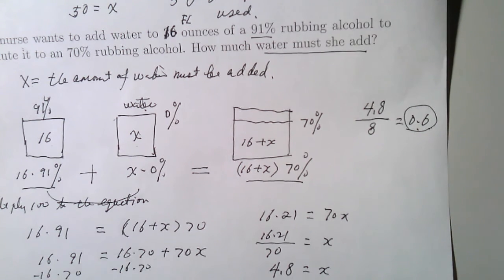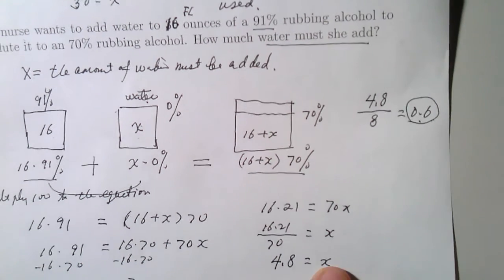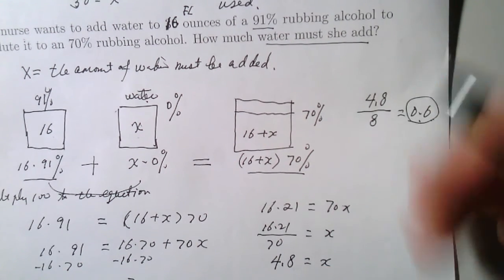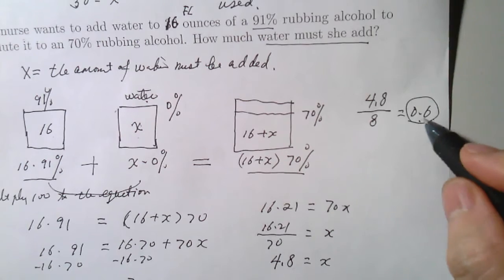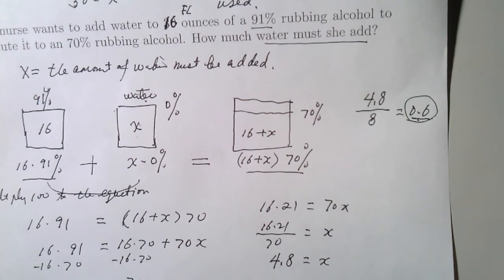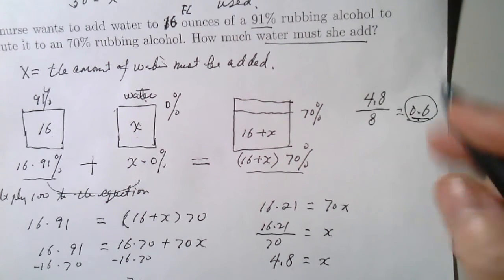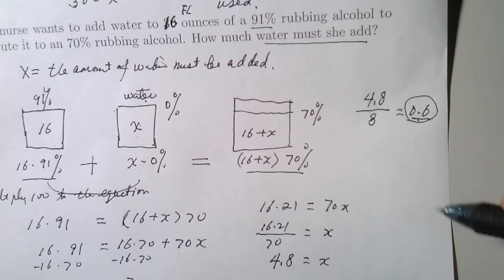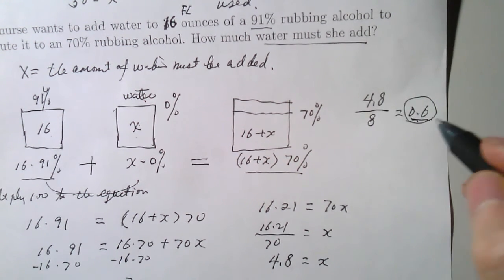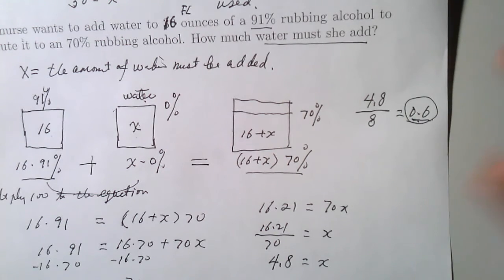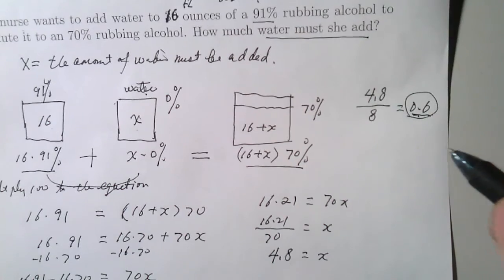Of course, if you have a good measuring cup, you can measure 0.6 cup, which is 3/5 cup. Unfortunately, at home you possibly cannot get exactly 0.6 cup, but roughly it's going to be 0.6 cup.